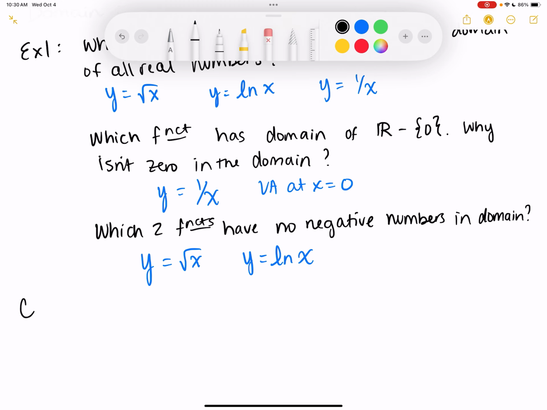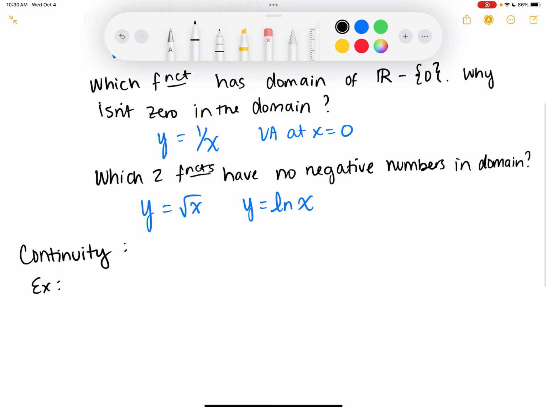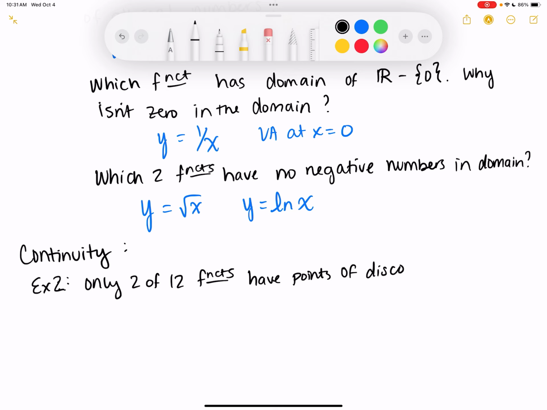All right, the next ones are about continuity. And these aren't out of the homework yet. These are just examples and stuff that are good. So only 2 of the 12 functions have points of discontinuity.